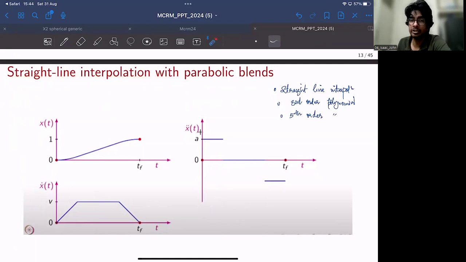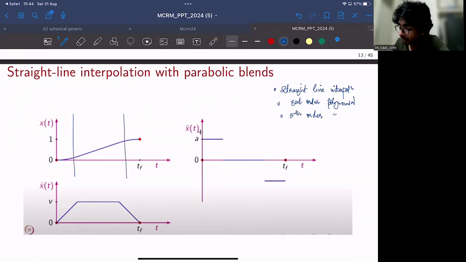So a straight line on its own is not desirable because of the sudden infinite accelerations at both of these ends. But there is a workaround. For the majority of your trajectory, you can have a straight line like this, but towards the beginning and the end, you can have a parabolic curve, a smooth second order curve like this.